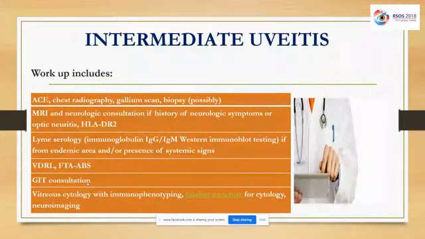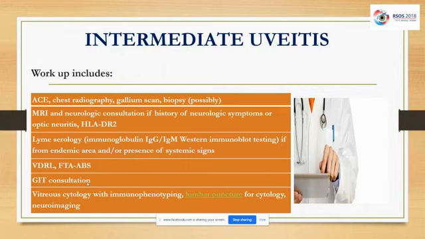The main workup of intermediate uveitis should include angiotensin converting enzyme, chest radiography, gallium scan, biopsy for those patients with sarcoidosis, MRI scan for those patients suspected of multiple sclerosis or with any history of neurologic symptoms or optic neuritis, and usually Lyme serology by immunoglobulin G or immunoglobulin M if the patient came from an endemic area or has systemic signs.